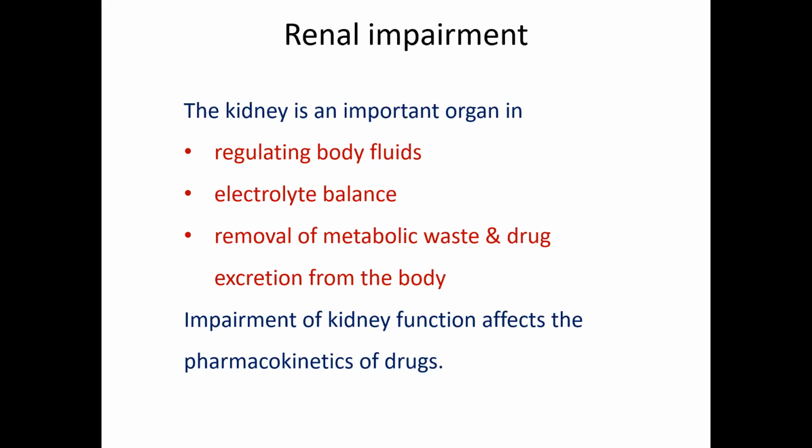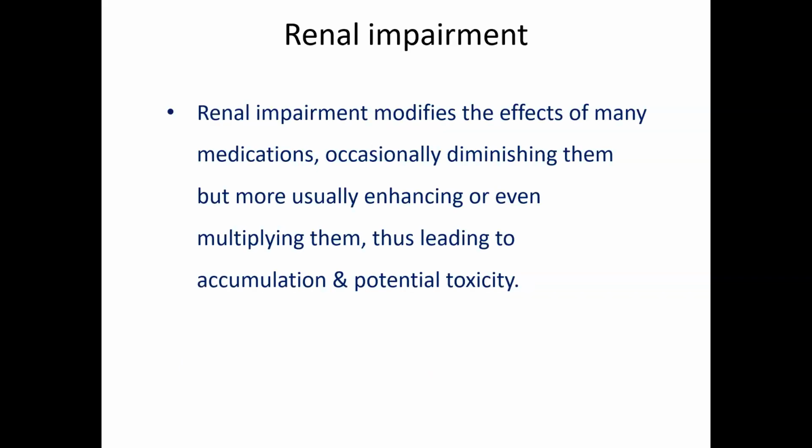Nowadays, with computers and AI-assisted calculations, you are not supposed to learn by heart. Broader principles, what do we do generally? We learn renal impairment. Now, look at this bullet. Renal impairment modifies the effects of many medications.